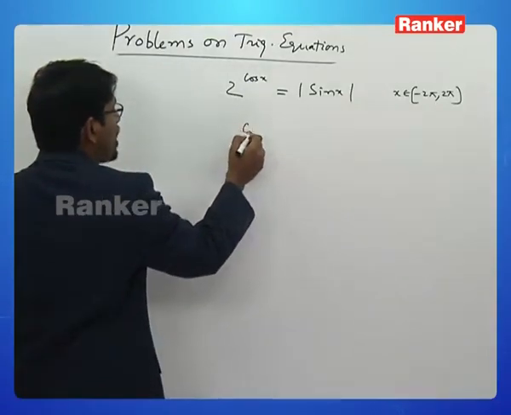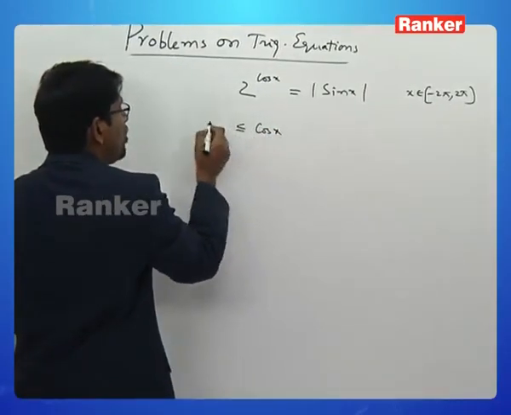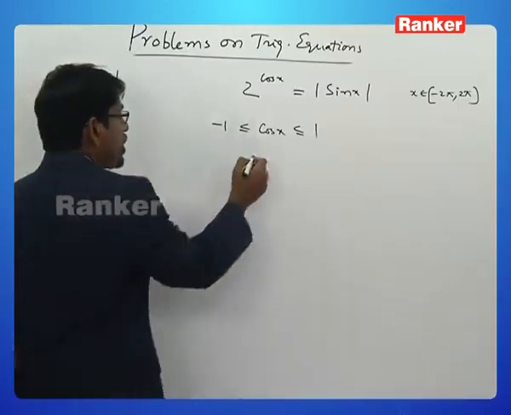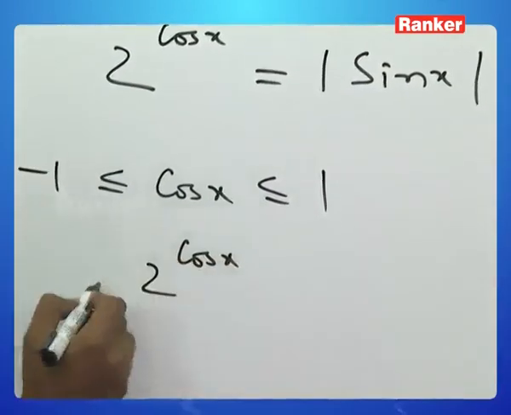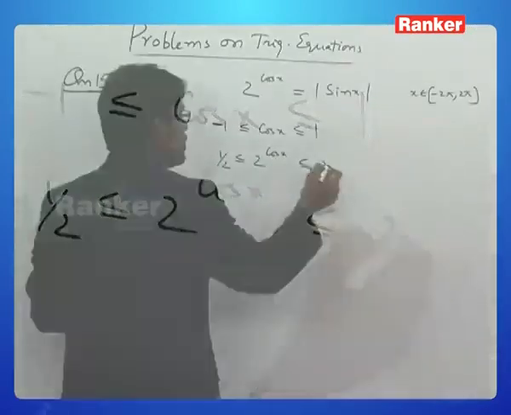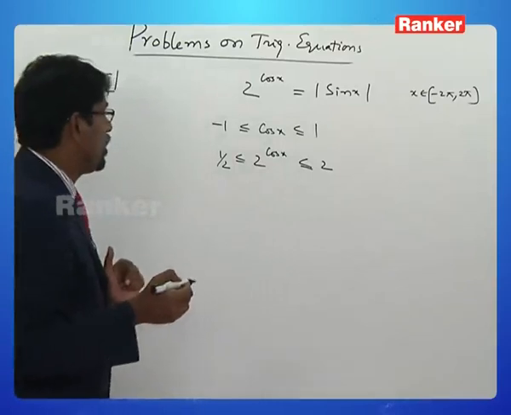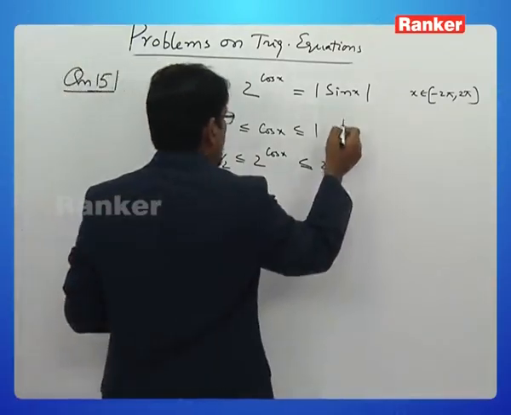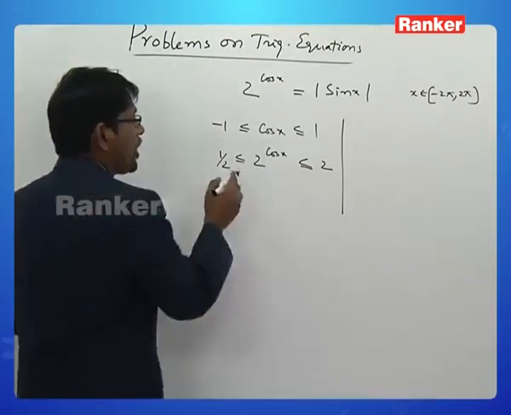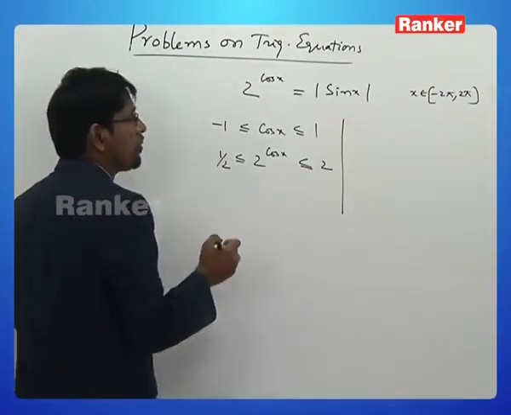You know that cos x lies between minus 1 to 1. So 2 power cos x will be lying between 1 by 2 to 2.